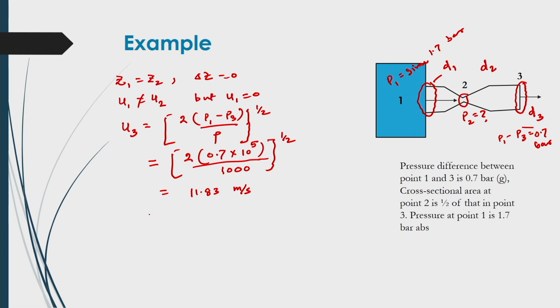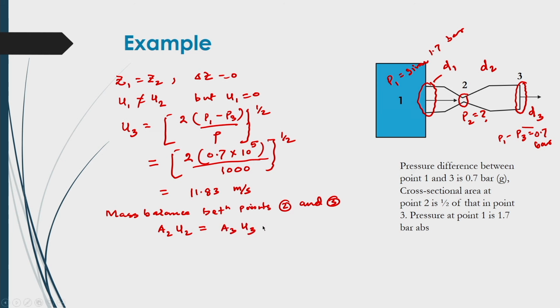After that, we do the mass balance between points 2 and 3. We can have A2 into U2 equal to A3 into U3.